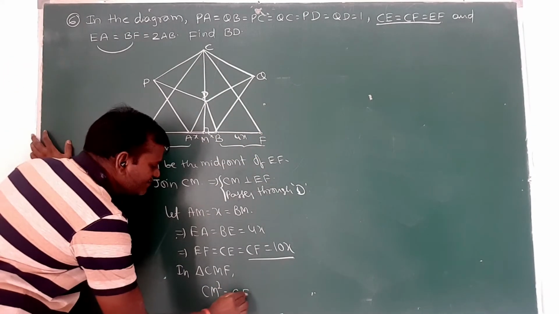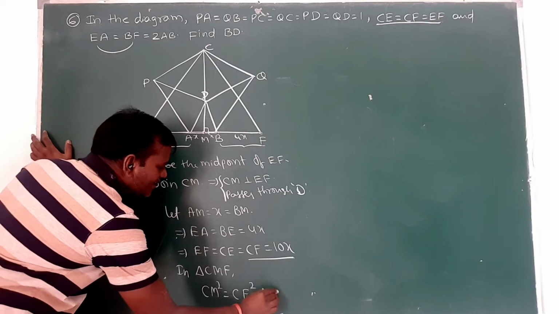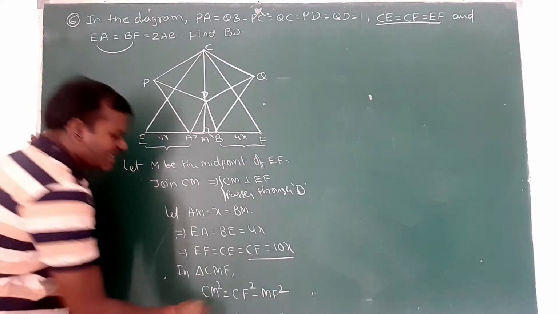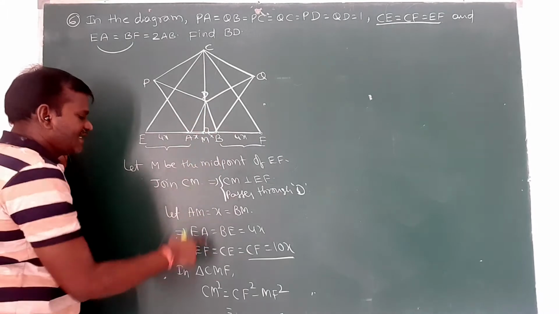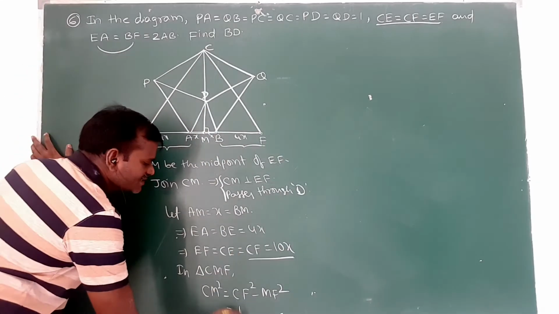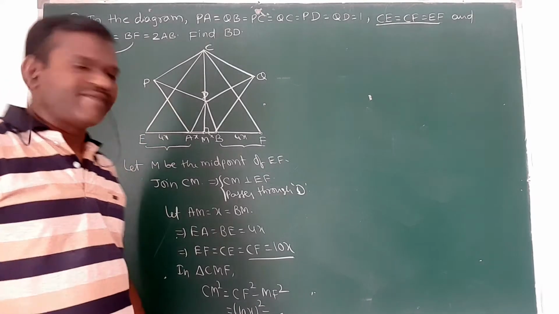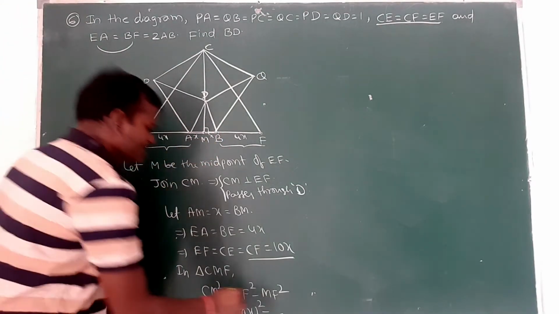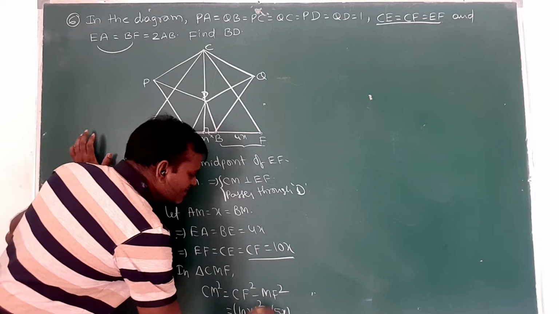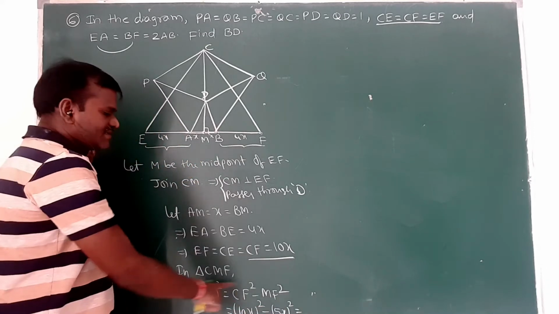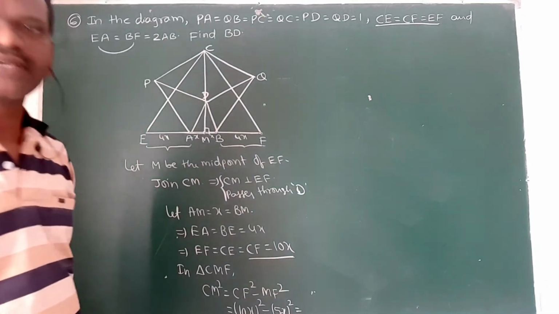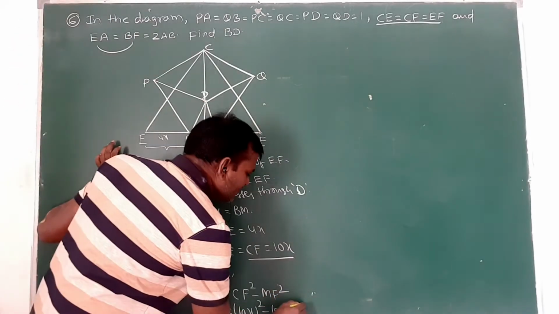CF length is 10x, so 10x whole square, minus MF length, which is 5x, so 5x whole square. That means CM square is 100x square minus 25x square, so I am getting 75x square.